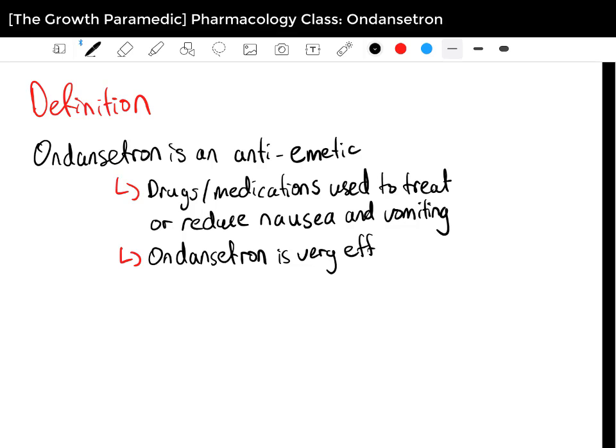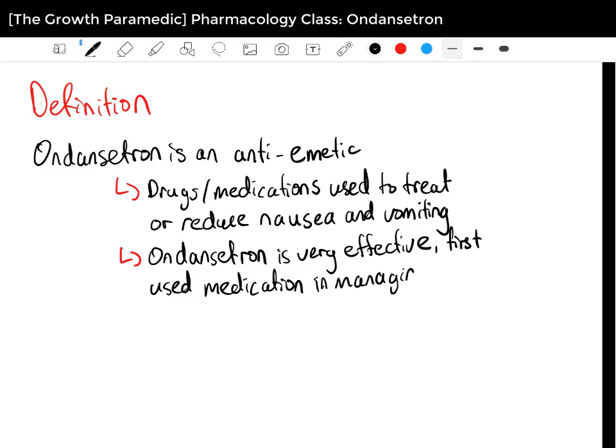And typically, it's the first line used, so the first used medication in managing the symptoms of nausea and vomiting.